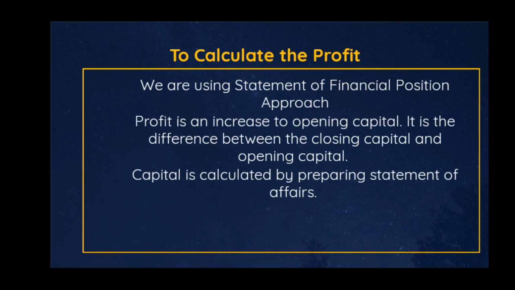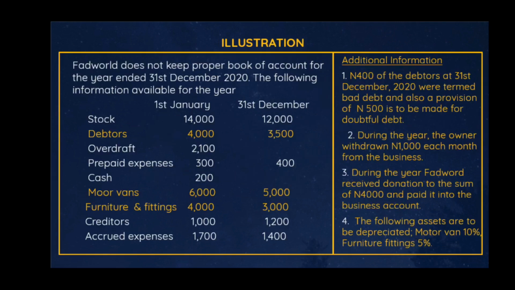Like we said, statement of affairs is like a summary of the statement of financial position, because we prepare it by adding all the assets together and deducting all the liabilities from the assets. The balance gives the capital for the business. So we are going to use the entries as at the 1st of January to prepare the statement of affairs for the beginning of the year.